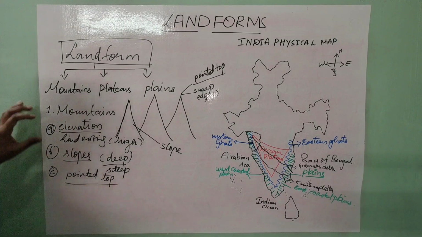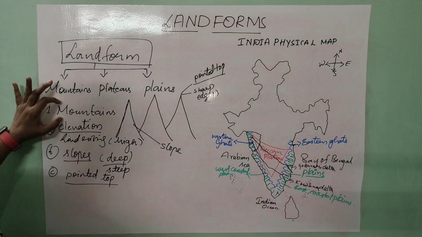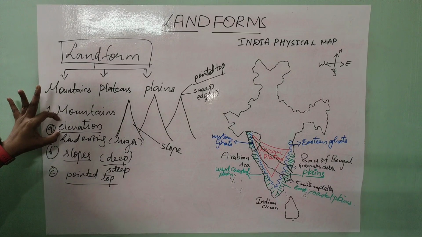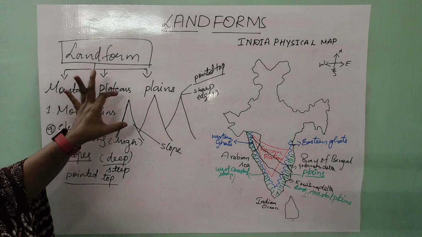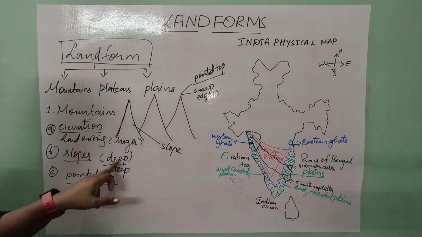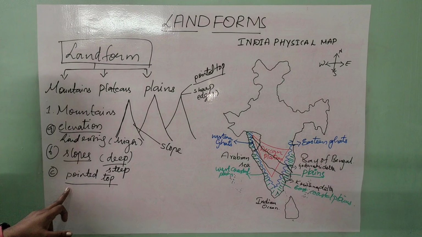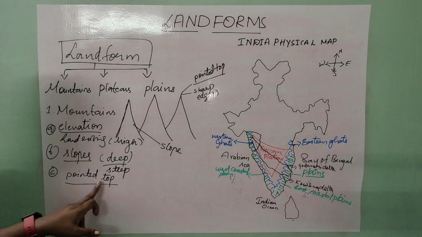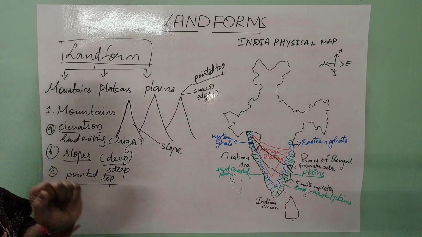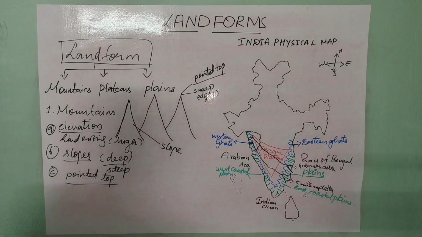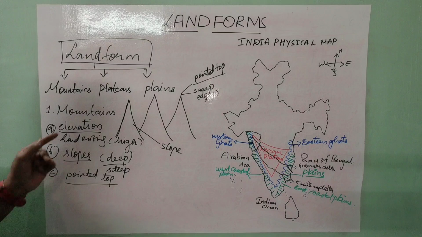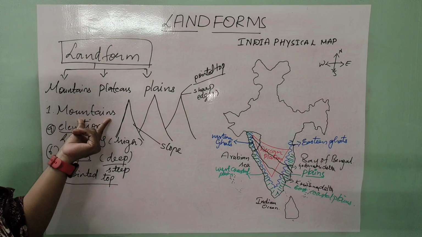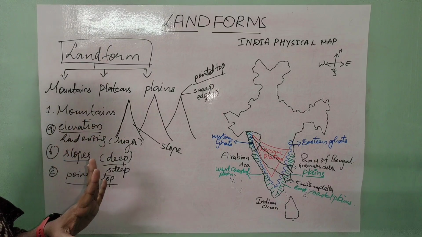So here, mountains, how to define? The elevations of the land are high with steep or deep slopes and the tops are pointed. Are you clear? With the three key terms or keywords, we are defining the mountains here along with the diagram.